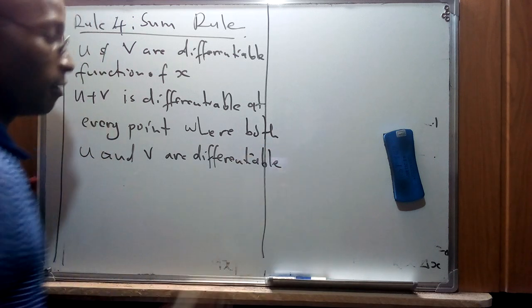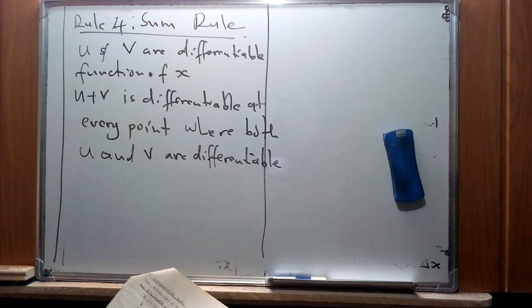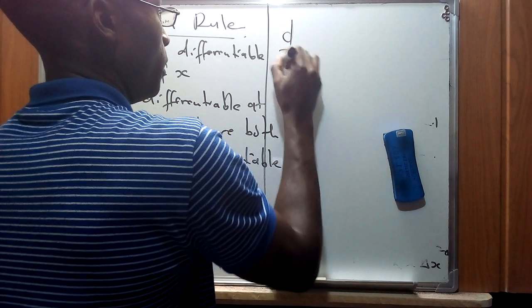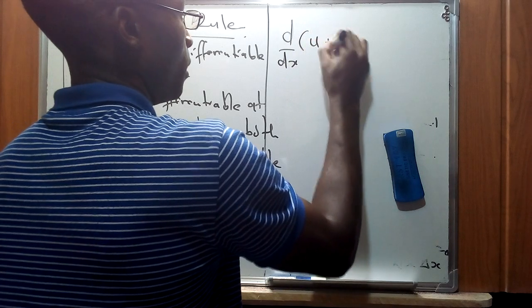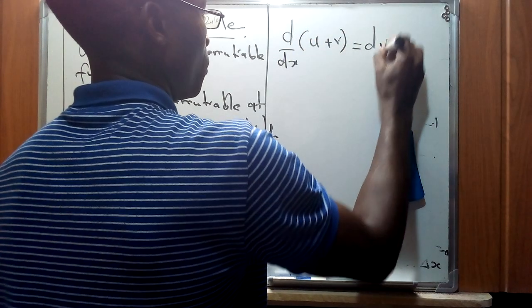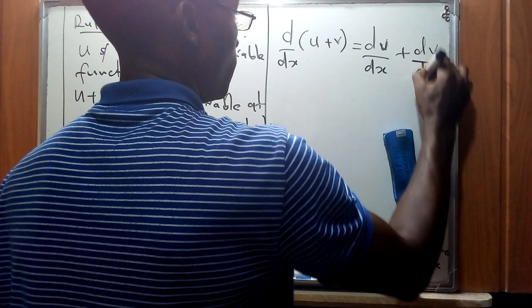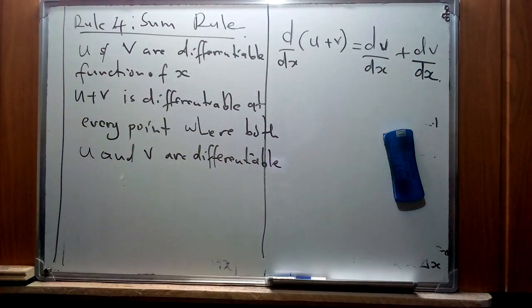So this statement defines the concept of the sum, and we see that the derivative of the sum of two functions, u and v, which are differentiable, will be the sum of the derivatives of those functions. This can be illustrated as du over dx plus dv over dx. So basically that is what it refers to.